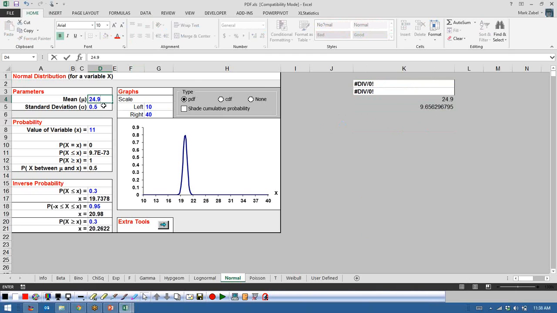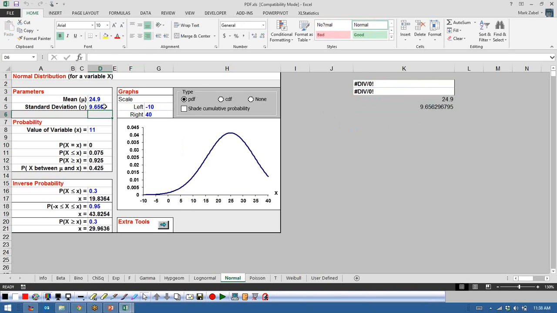Anytime there's blue in Excel stats, it means that you can input things and change them if you want, which is kind of cool. All right, so there's my new mean, and 9.656, close enough for jazz. That's my standard deviation, and that is indeed my normal distribution.